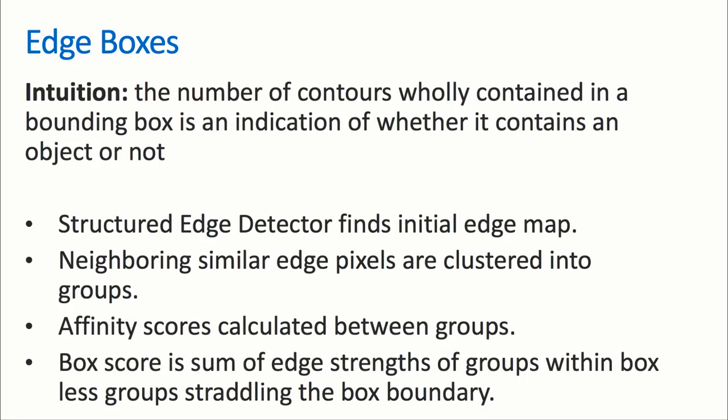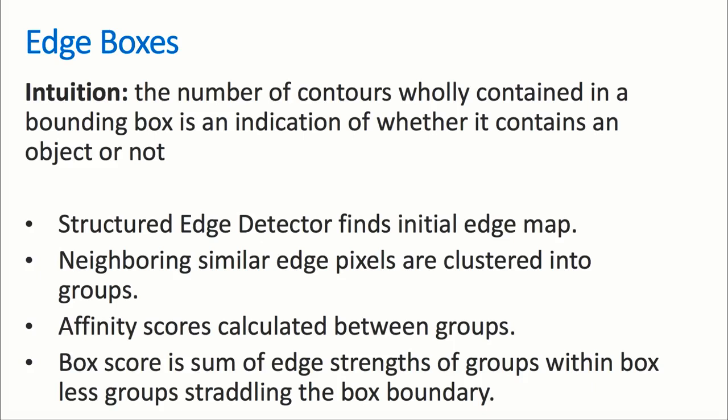Edge boxes are based on the observation that the number of contours wholly contained in a bounding box is a strong indication of the likelihood of that box containing an object. A contour is considered wholly contained in a box if all edge pixels belonging to the contour lie inside the box. Edges tend to correspond to object boundaries, and therefore boxes that contain a set of edges are likely to contain an object.